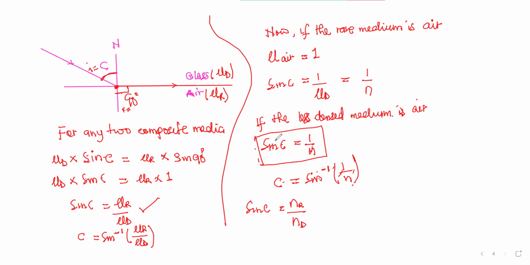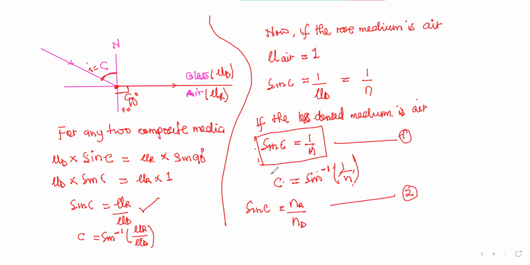So these two are expressions to help us calculate the critical angle of the more dense medium: 1, if the less dense medium is air, and 2, if the less dense medium is not air, but any other material. Please ask questions if you have one.